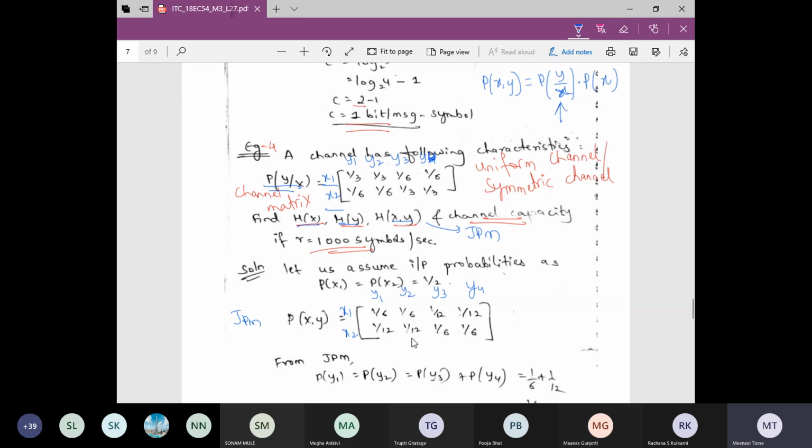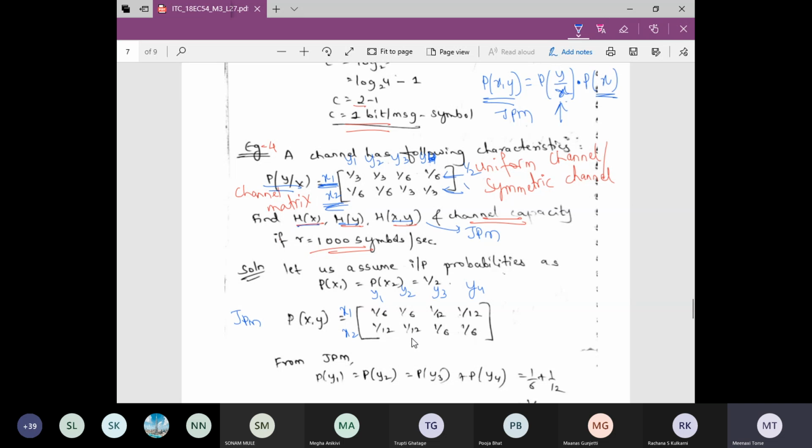We have P of y by x in matrix form. Multiply it with the probability of input x, and we'll obtain P of x comma y, that is a JPM. So the first row should be multiplied with probability of x1, and the second row should be multiplied with probability of x2.